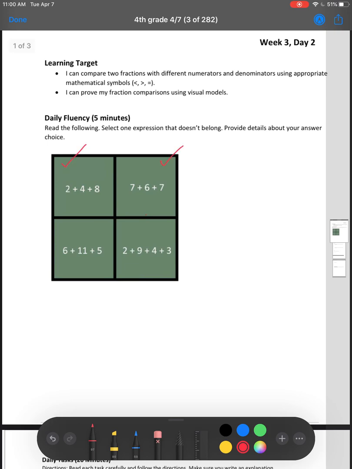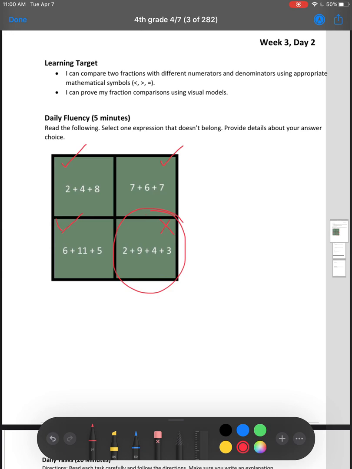This one has 3 numbers, and this expression has 3 numbers in it. And I noticed that this one has 4. So that could be one reason you say this expression doesn't belong, because it has 4 digits and all of these other ones only have 3. You could write that in complete sentences off to the side. That is one way you could have looked at this problem.